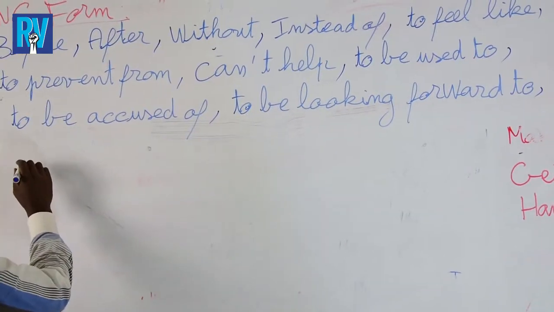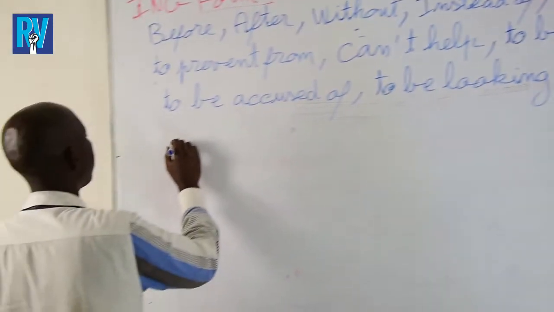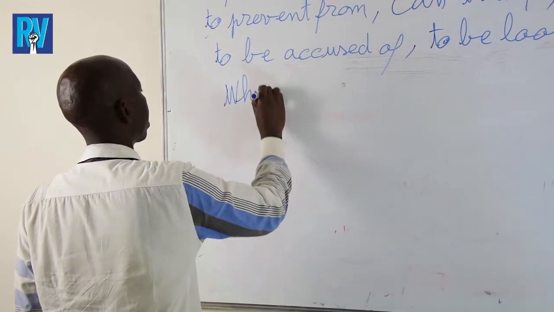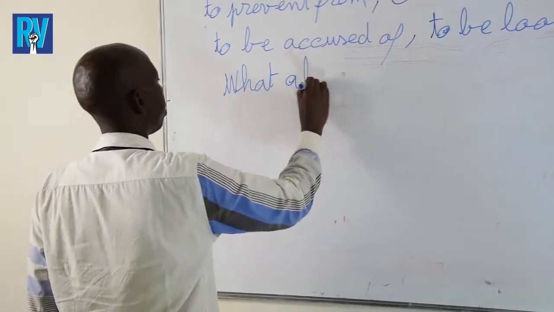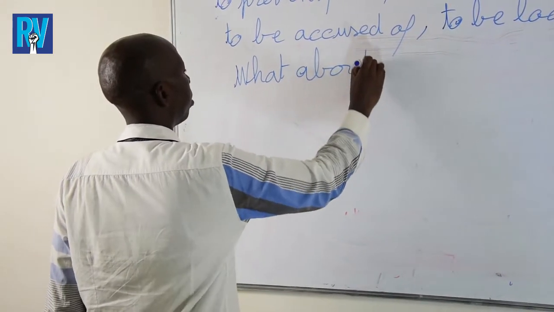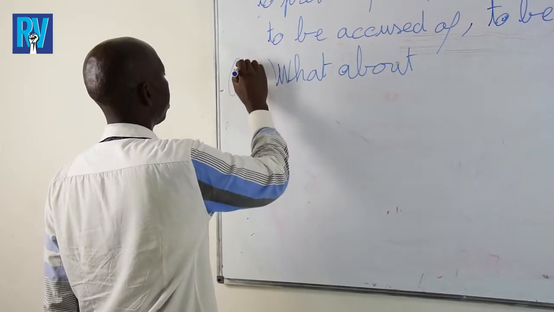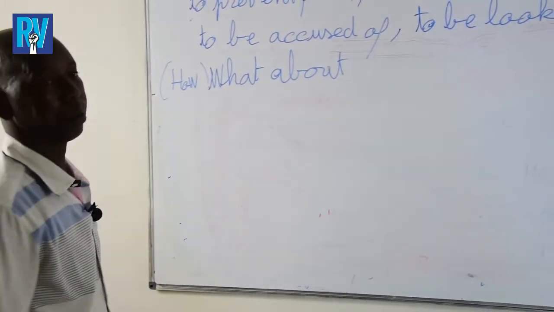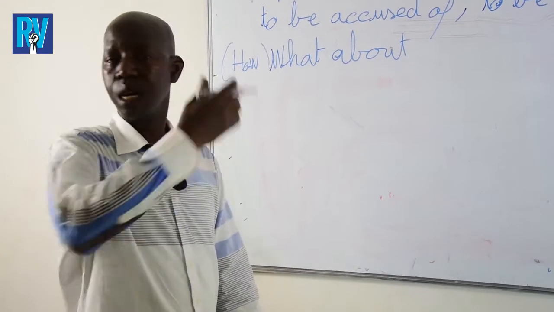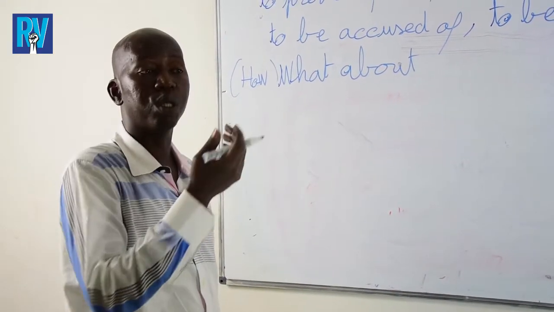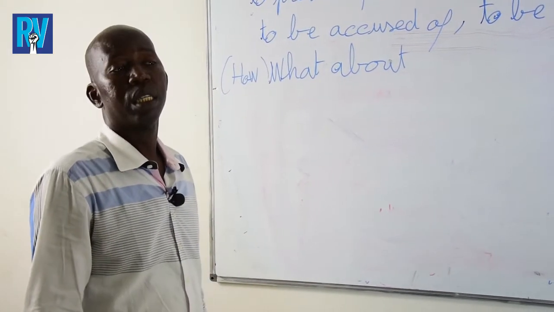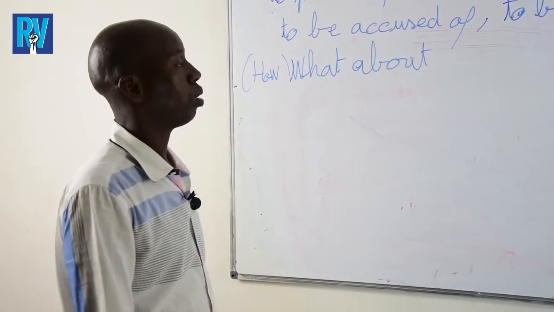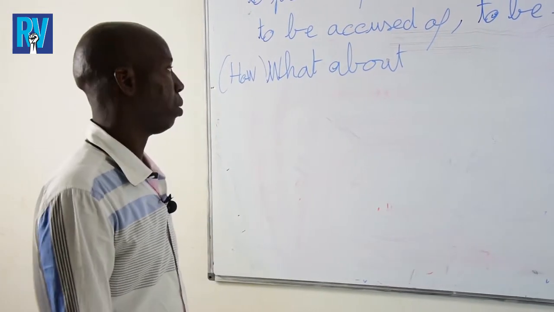We have also what about. What about? Bien, how about. How about or what about? When you are making a suggestion, quand vous faites une suggestion, what about going to the beach? Et si on allait à la plage? Donc, quand on fait une suggestion, le verbe suit prend la forme ing.